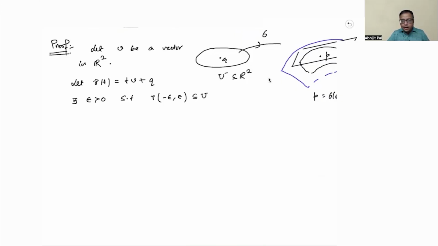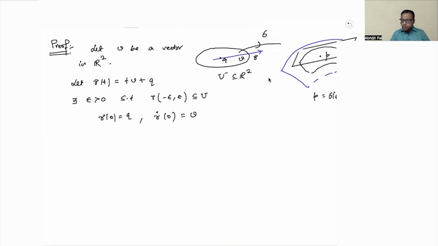It is the straight line passing through Q with velocity vector v. So this is my curve gamma, which is a straight line. So gamma of 0 is equal to Q, and gamma dot 0 is equal to B.